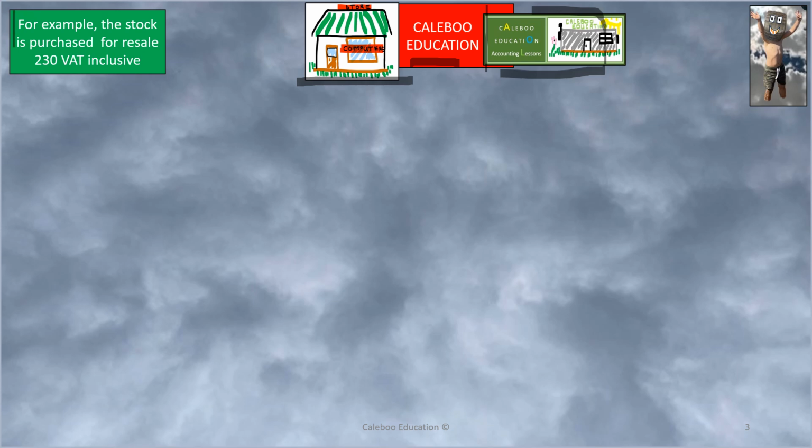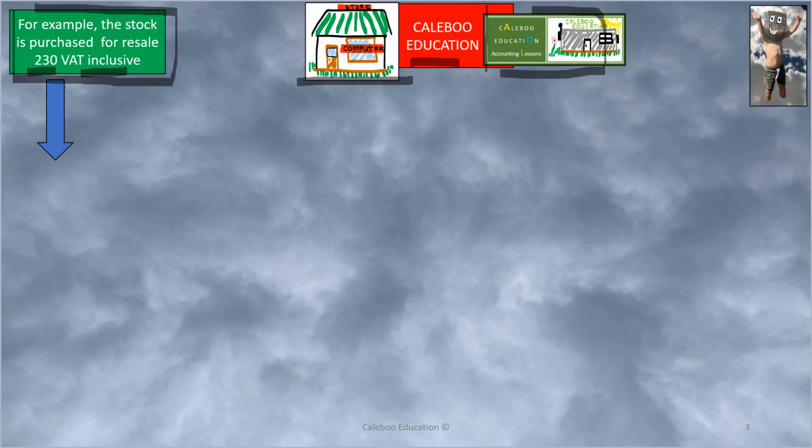So the transaction, for example, is Calibu Education purchases stock for resale. The amount including VAT is 230. So let's have a look at this scenario.